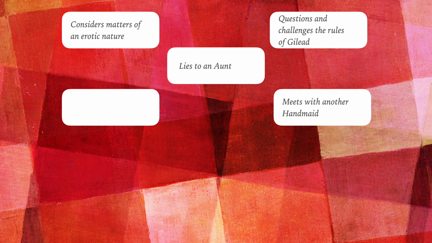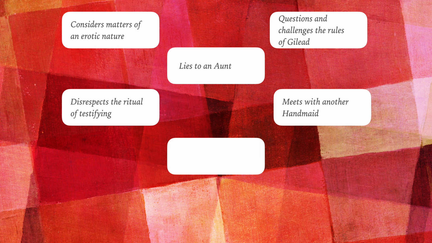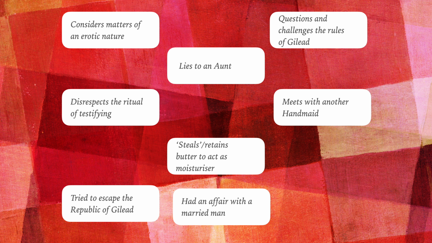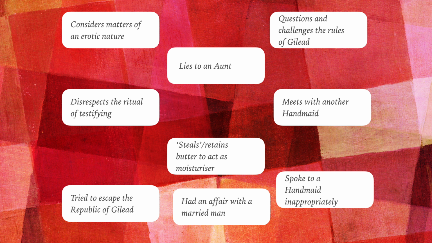She disrespects the ritual of testifying. She steals and retains butter to act as moisturiser. She tried to escape Gilead. She had an affair with a married man, who later became her husband. She speaks to a handmaid inappropriately.